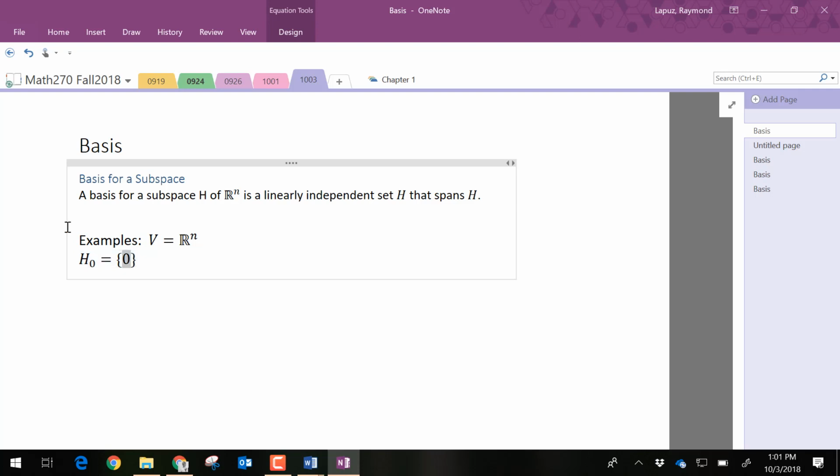And I suppose we should denote this as a vector. Depending on if we're in R2, that's 0, 0. If in R3, that's 0, 0, 0. If we're in R5, that's 0, 0, 0, 0, 0. So it's essentially the origin of wherever you are. And we know that this is a subspace. So the question is, what is a basis for this?